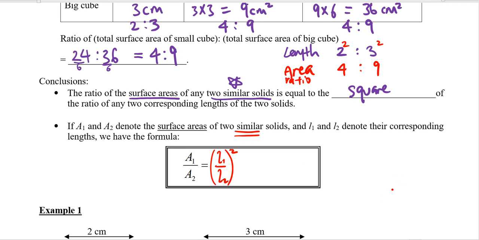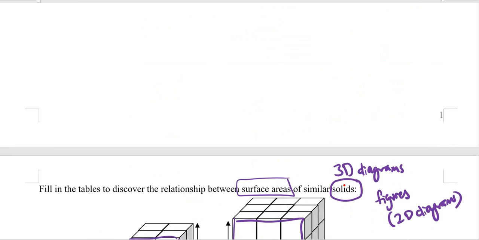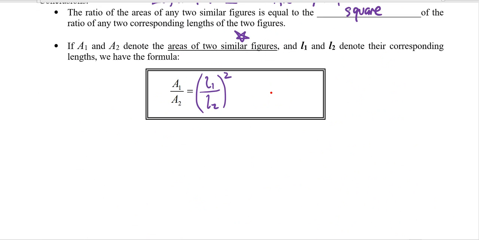And actually, if you look at this formula and the one that we have previously concluded, they are actually the same. So as long as we have to look for a similar area ratio, we can use the corresponding length ratio with a square to obtain the similar area ratio.